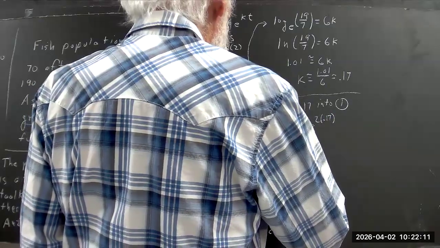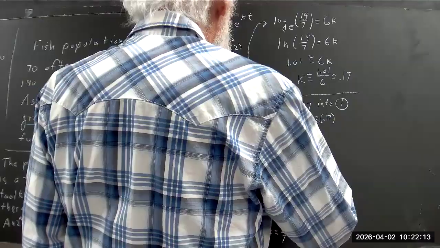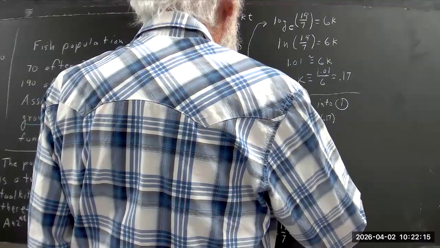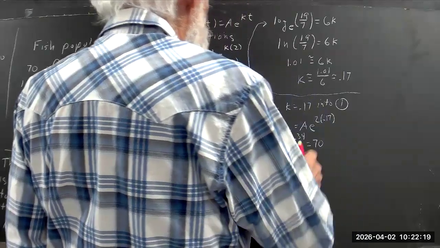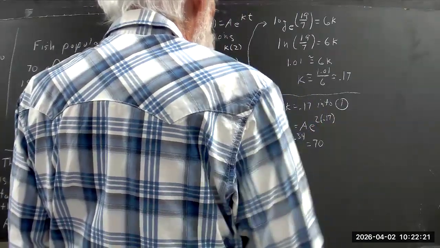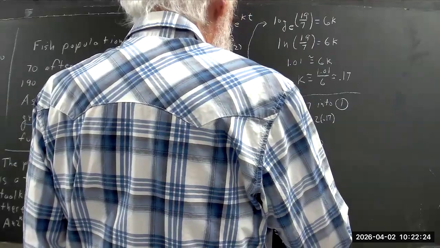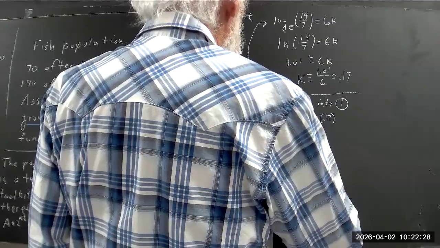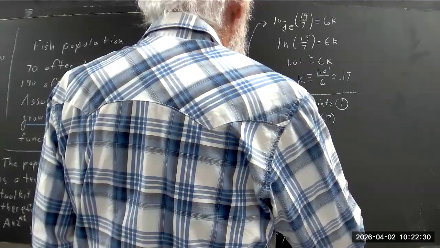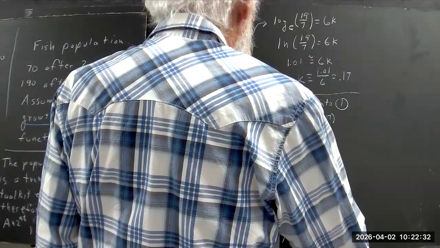So A e to the 0.34 equals 70, just switching sides and multiplying the 2 by the 0.17. So A should equal 70 over e to the 0.34.